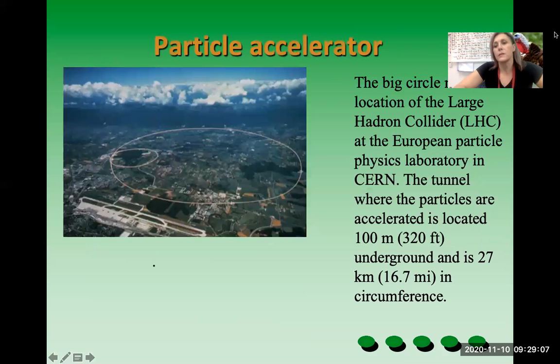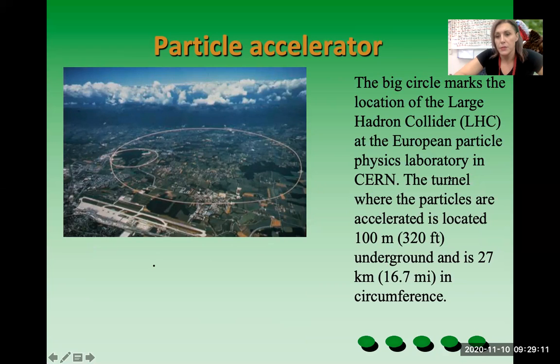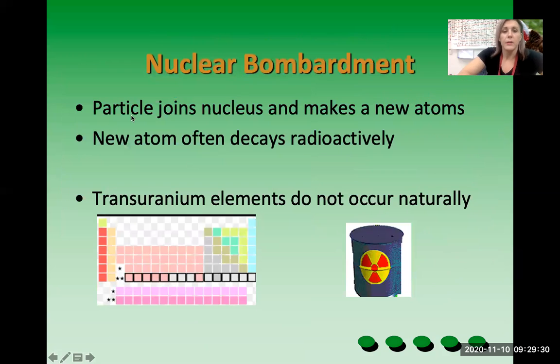One of the particle accelerators that we know of is at CERN, and this big circle marks the location. It's all underground, about 100 meters down, but they accelerate the particles and then shoot them at each other and do experiments that way. So particles join the nucleus and make new atoms.